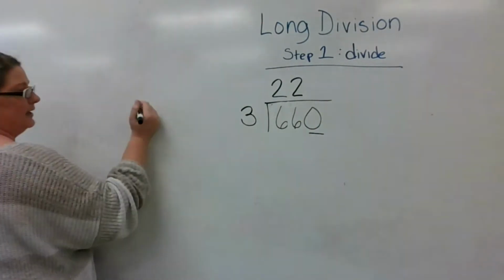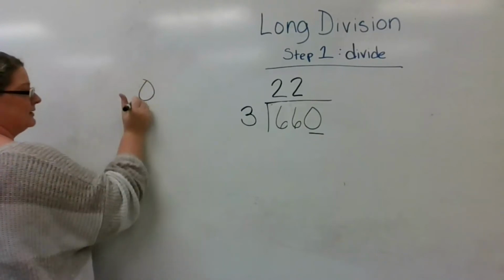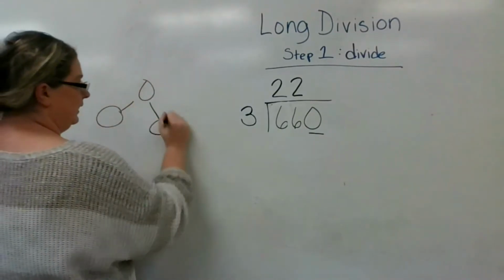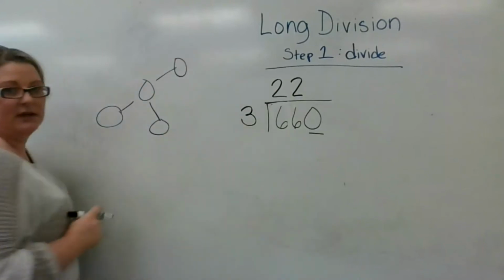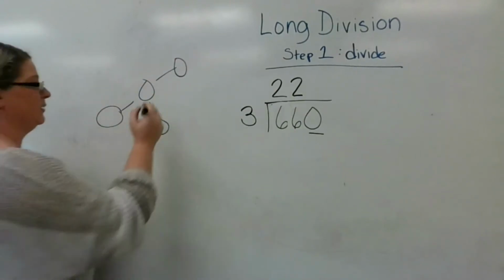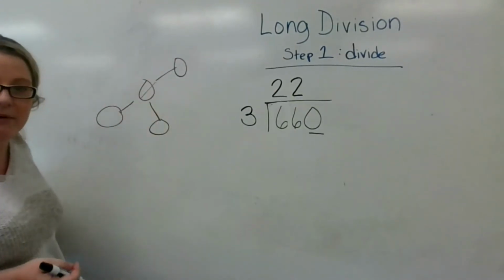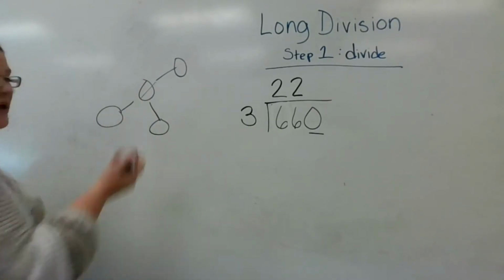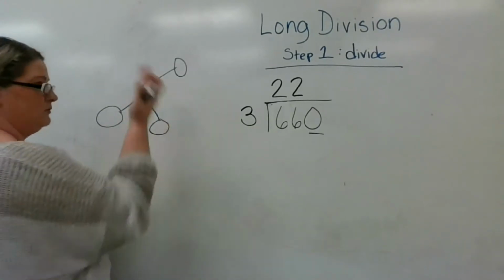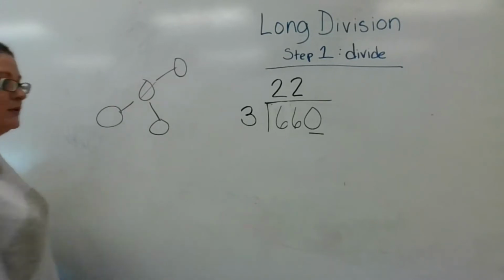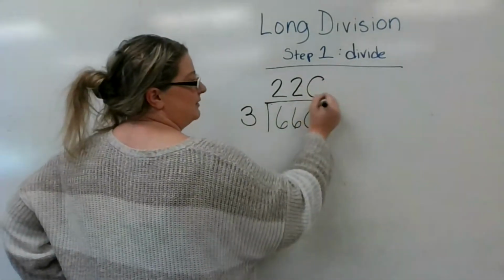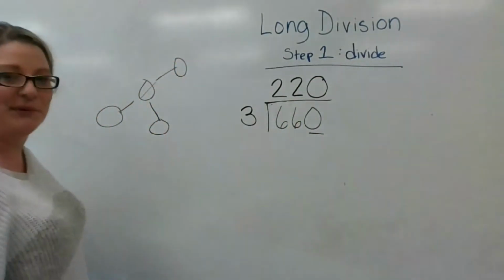So this is asking, if you have 0 things, how many groups can you make? This is the number 0. How many groups can you make? I don't have anything. What am I going to count? There's nothing in my bubbles. So that means there's nothing on your answer line too.